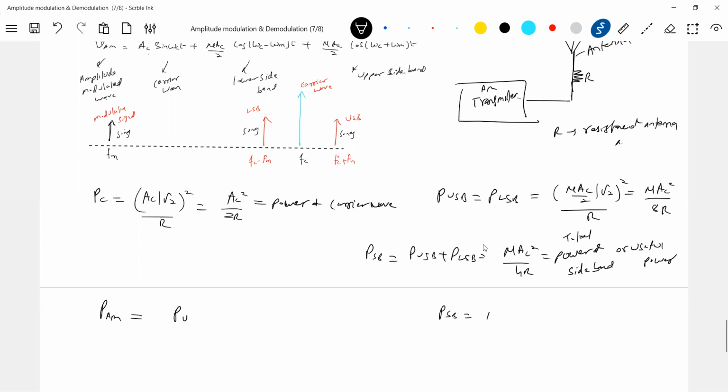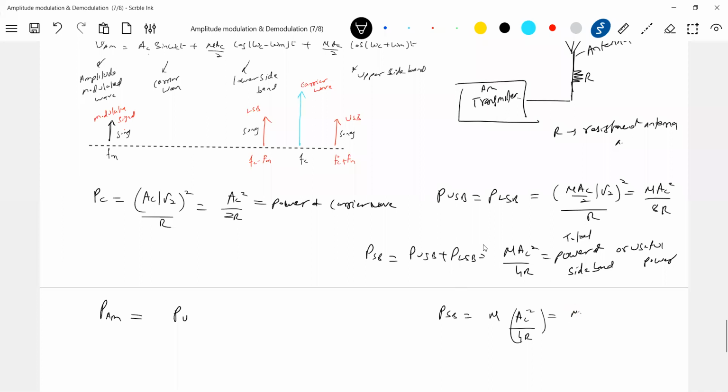Now I'm going to express the power of the sideband in terms of the power of the carrier. Can we adjust?